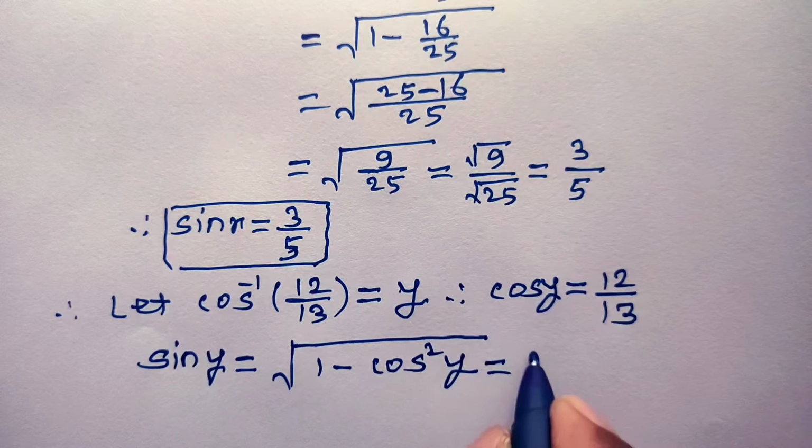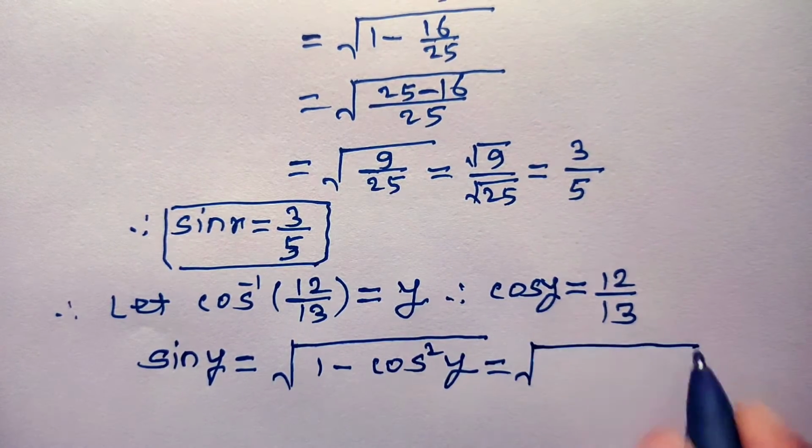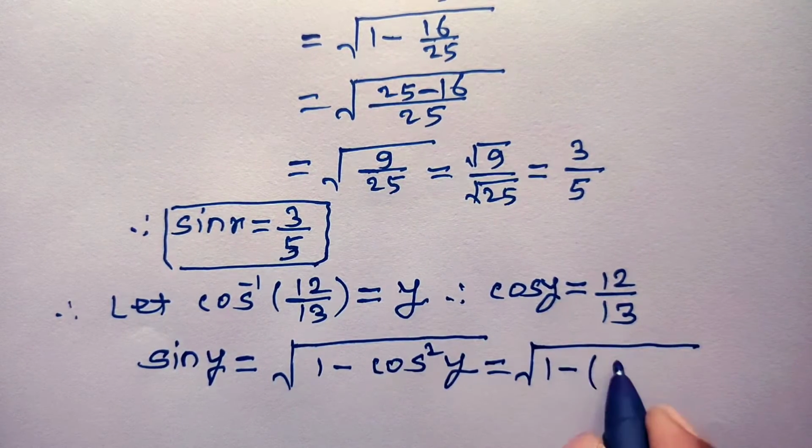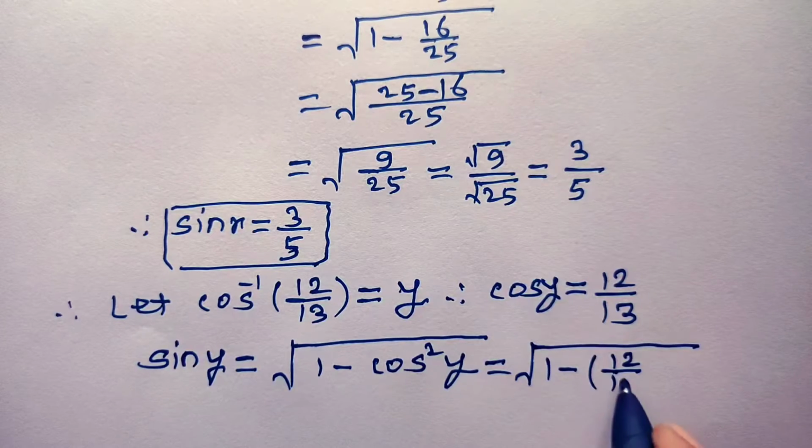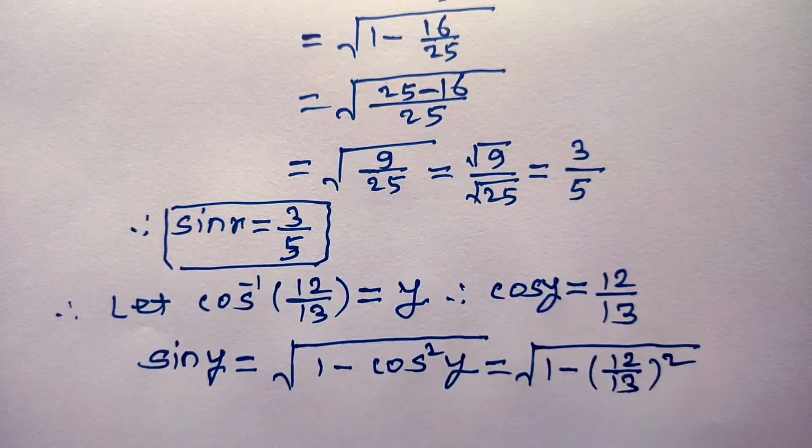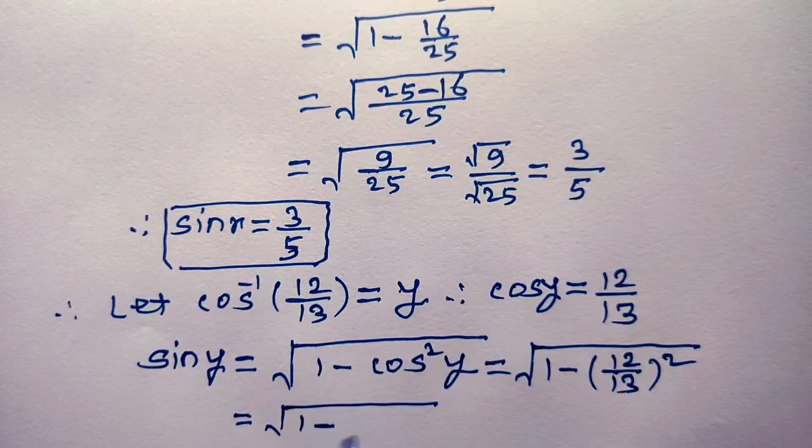So this is equal to square root of 1 minus (12/13) its square, which is equal to square root of 1 minus 12 square is 144 divided by 13 square is 169.